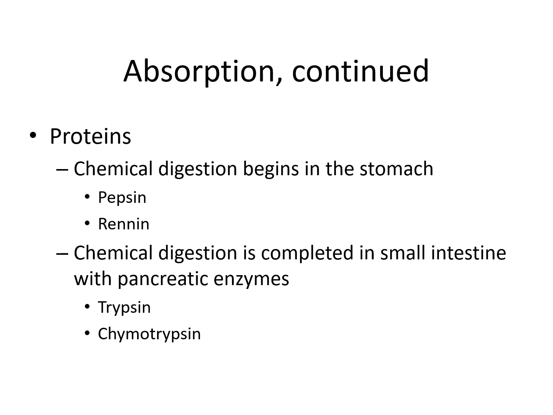So pepsin and renin both help to chemically digest proteins into amino acids in the stomach. That process is not completed, though, until you reach the small intestine. The pancreas releases these enzymes, trypsin and chymotrypsin, into the small intestine. That helps to assist and complete the process of protein hydrolysis.